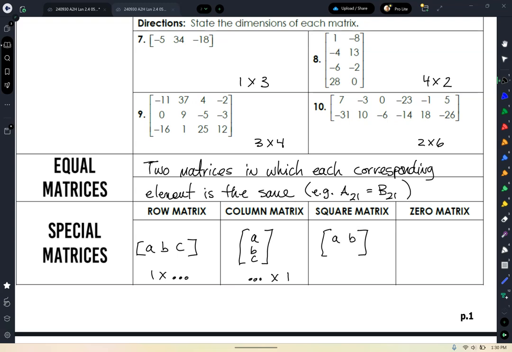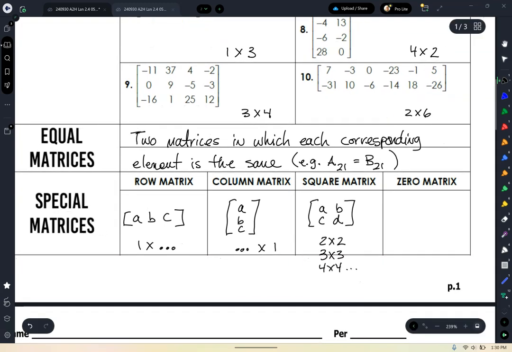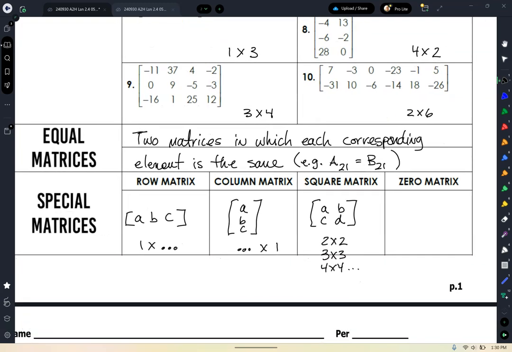And this is when our rows and columns are the same, right? So in this case, this would be a 2 by 2 square matrix, but you could have a 3 by 3 or a 4 by 4 or a number of different square matrices. Okay.